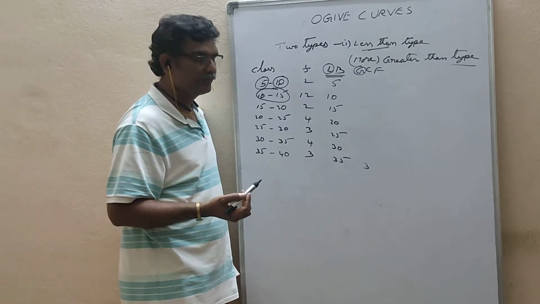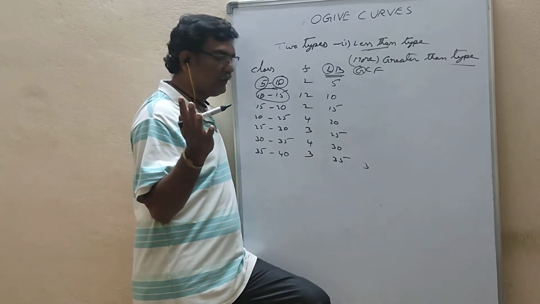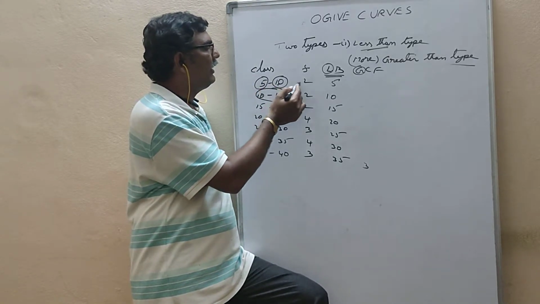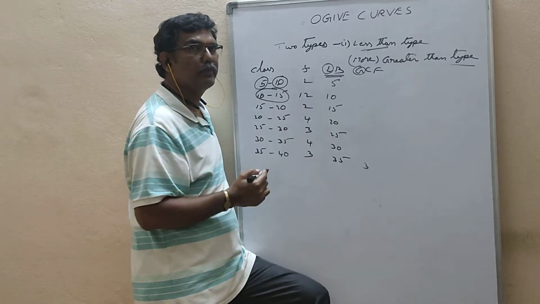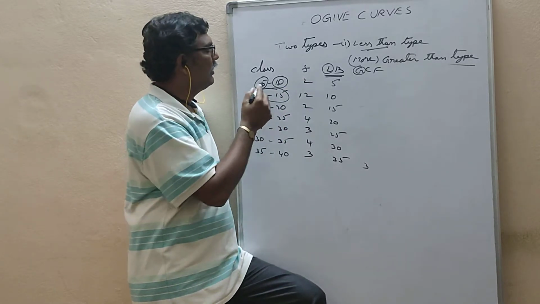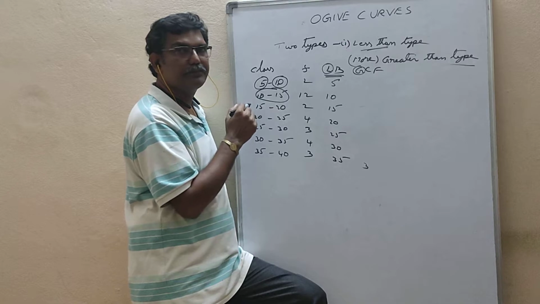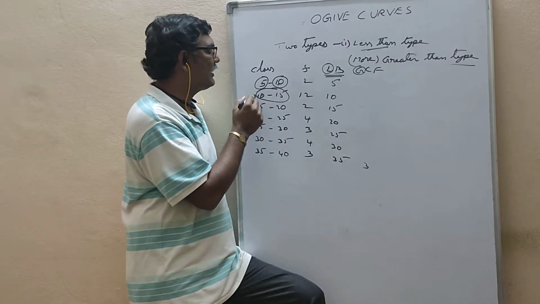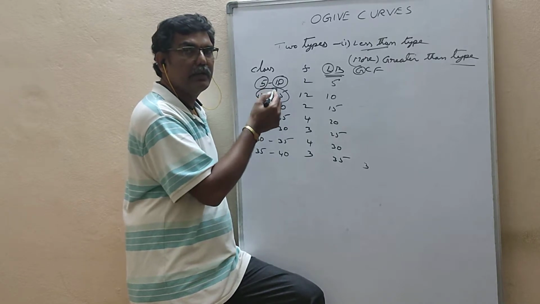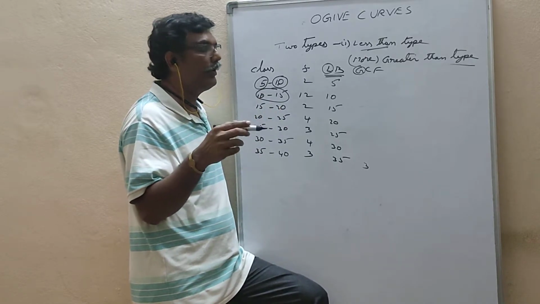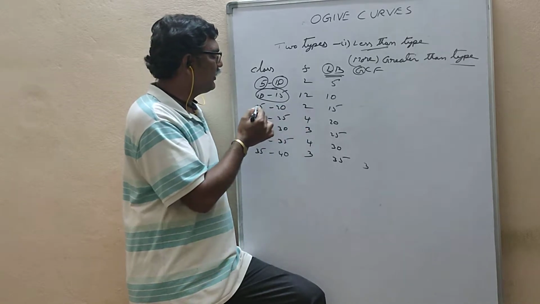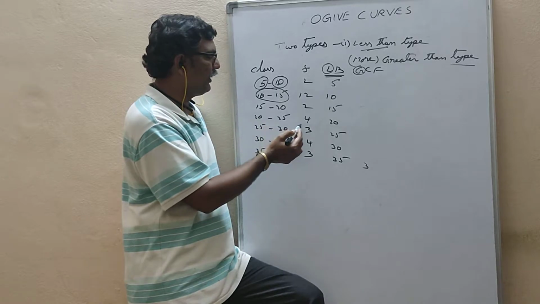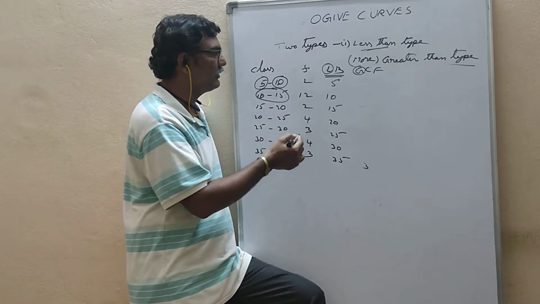In between 5 to 10, how many students secured marks? 2 members. 12 members secured marks between 10 and 15, like 11, 12, 13, 12.5. 2 members secured 15 to 20, 4 members secured 20 to 25, 3 members secured 25 to 30, like this.